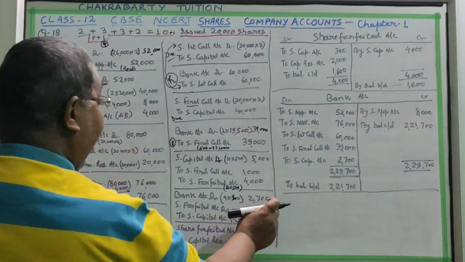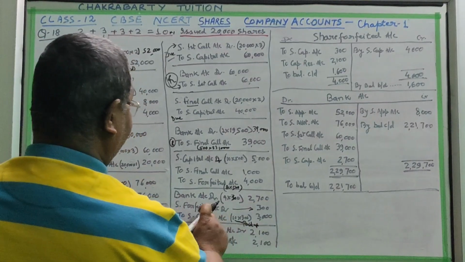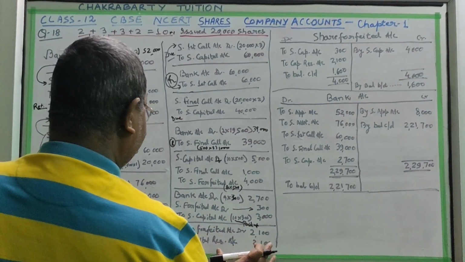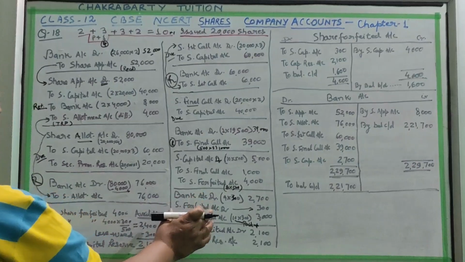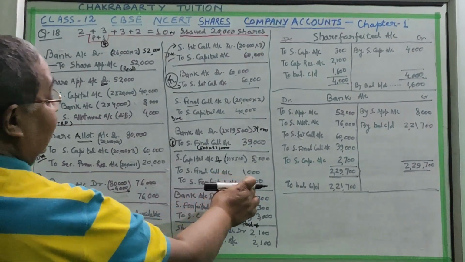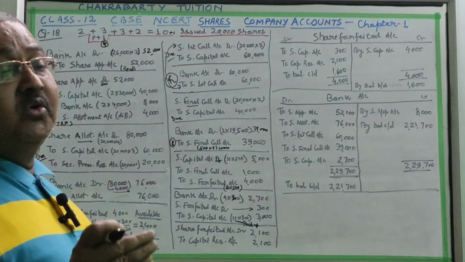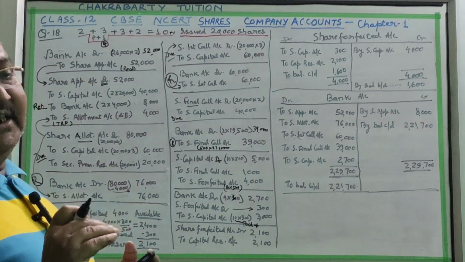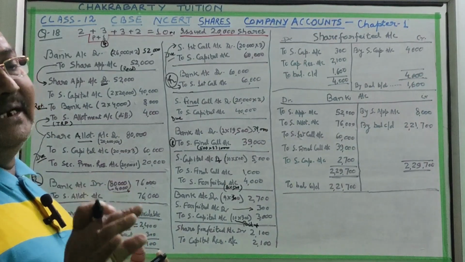So this is the entry. Now after using this 300 from share forfeit account, we will see how much we can use. That is the pro rata use of shares. When all the forfeited shares are not reissued, we use only the pro rata amount of the share forfeited account and transfer the unused amount to capital reserve account.